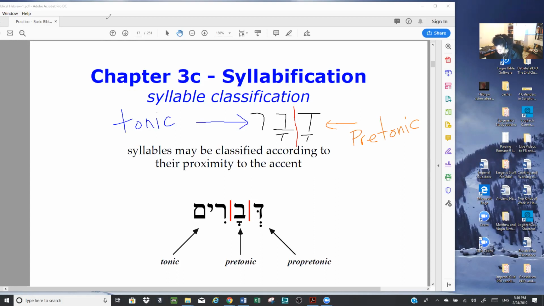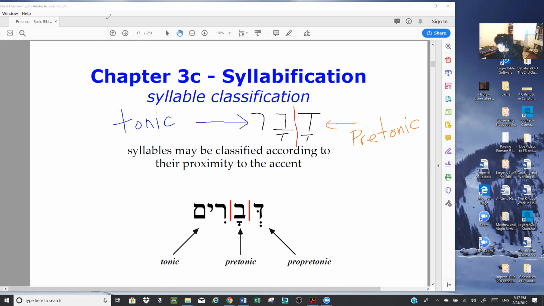Now we're going to talk about propretonic. Let's look at the word in the example, debarim, scrolls or books. The syllable occurring before the pretonic syllable is called the propretonic syllable.